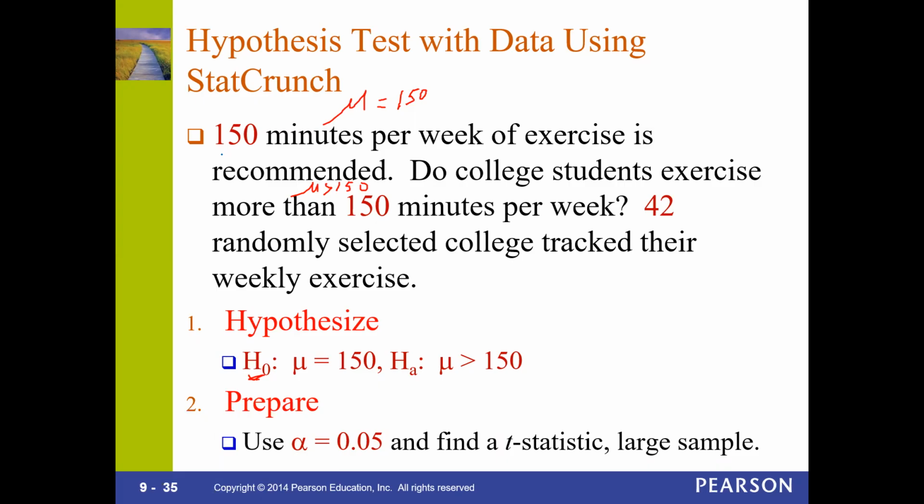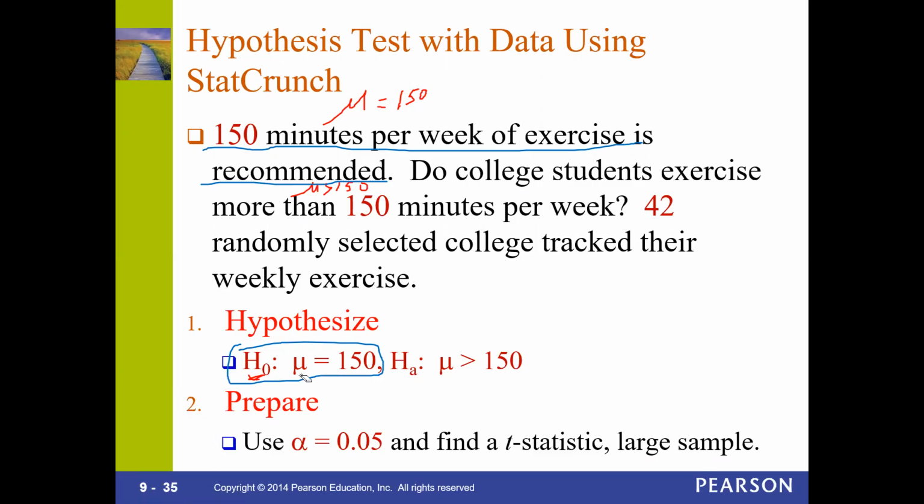This is the claim. I would like to know whether I need to reject it or not. I don't want to use that term right now because I don't want people to get confused.